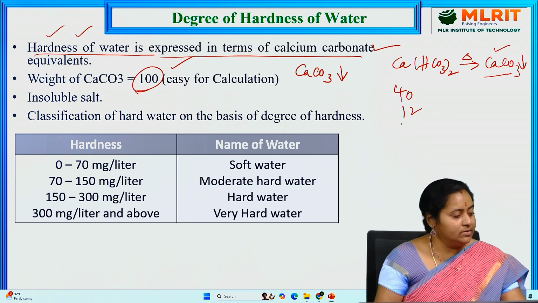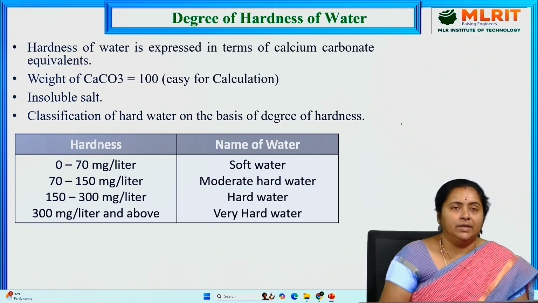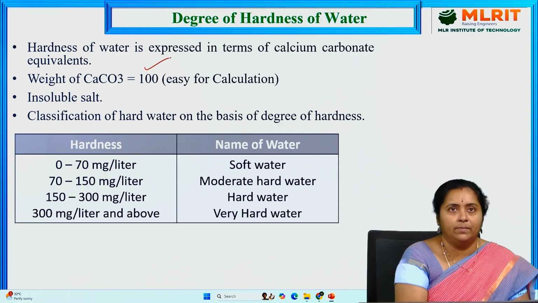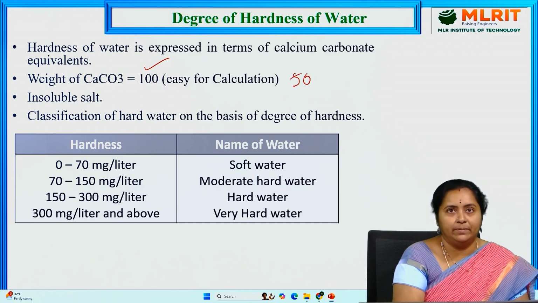So it is easy for the calculation part if it is like 100 or multiples of 5. Similarly, the gram equivalent weight is 50. So multiples of 5 like 50 or 100 will become easy for calculation. So that is the first advantage when we express any salt present in the water sample in terms of calcium carbonate.